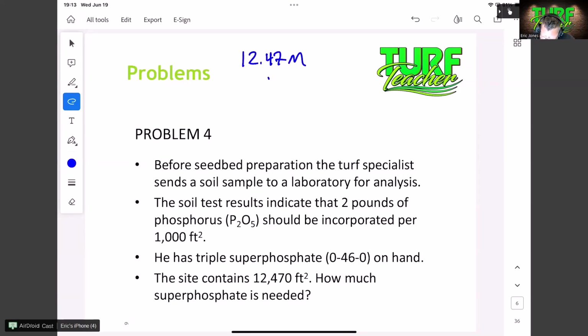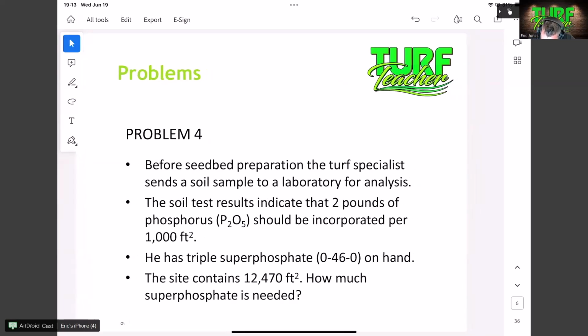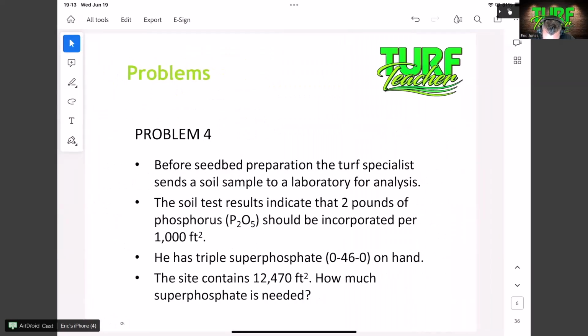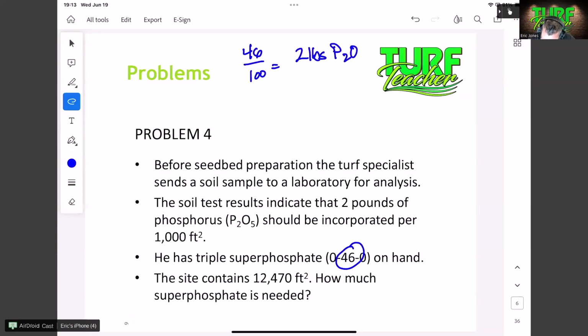And we're going to multiply that. Now let's take it back a step further. Sorry, I'm jumping ahead. We're going to start out with our 46 right here. 46 divided by 100. We've got 2 pounds of our phosphorus.